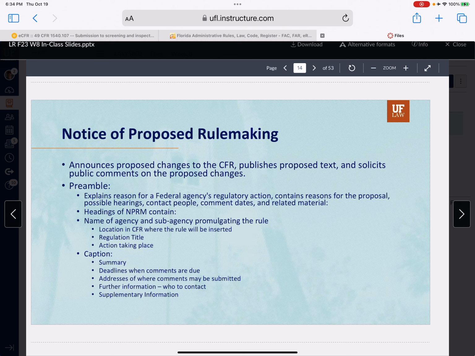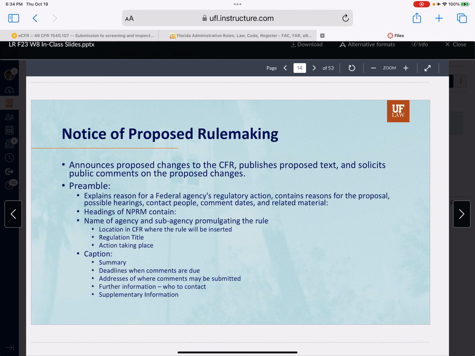In the headings of an NPRM, so you see Notice of Proposed Rulemaking, that's NPRM, we'll have the name of the agency, the sub-agency that's promulgating the rule, and then the second part, so underneath the preamble, is the actual regulation, the way it's going to read in the Code of Federal Regulations once it gets published there.